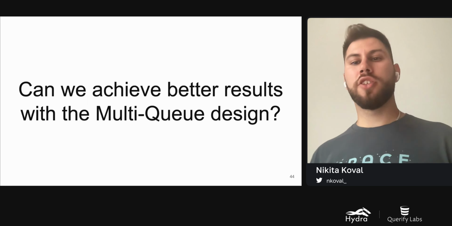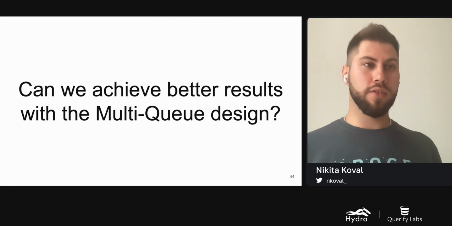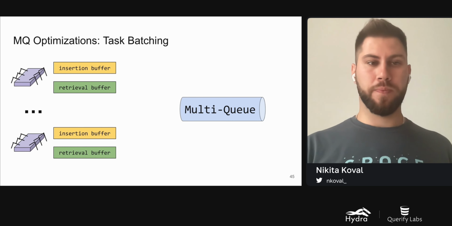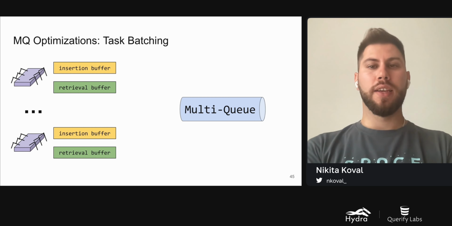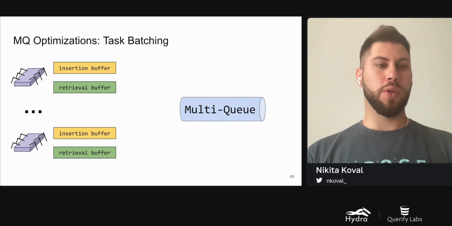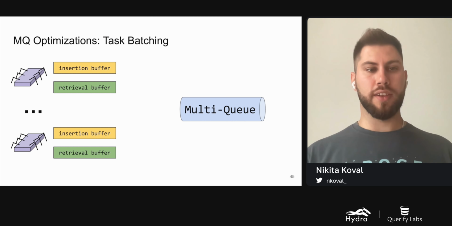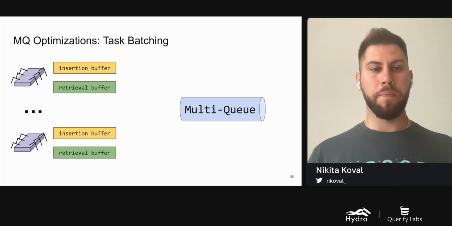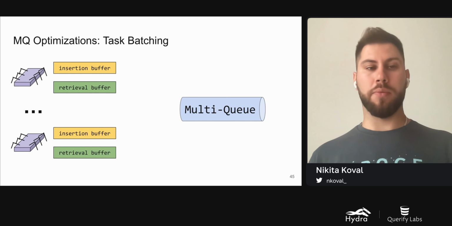So let's try to make the multi-queue design more practical, to make it work better. The first optimization that we can apply is task batching. The idea is the following. We equip each thread with two buffers: one for the elements that the thread inserts into the multi-queue, and one for the retrieved elements.